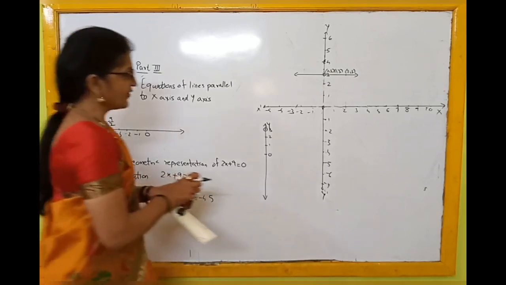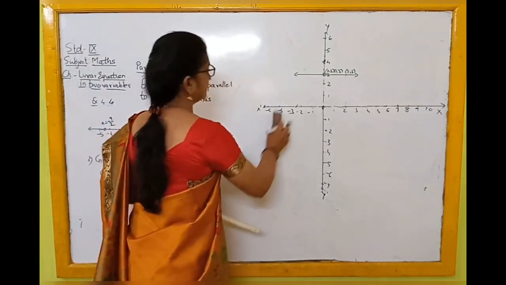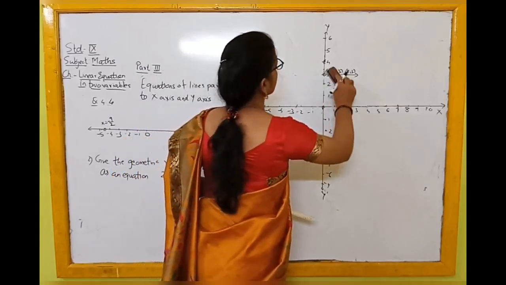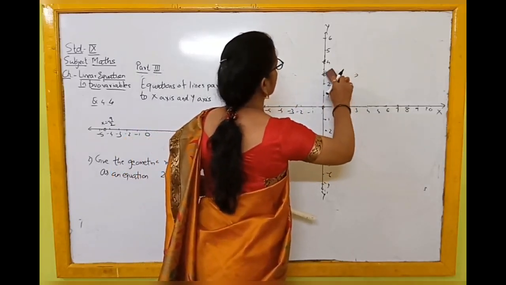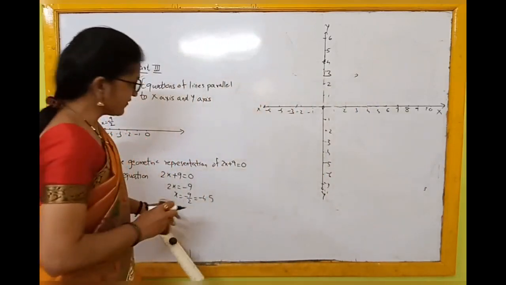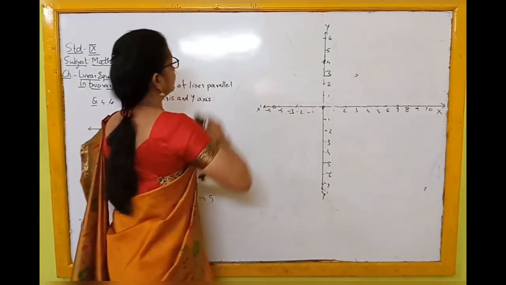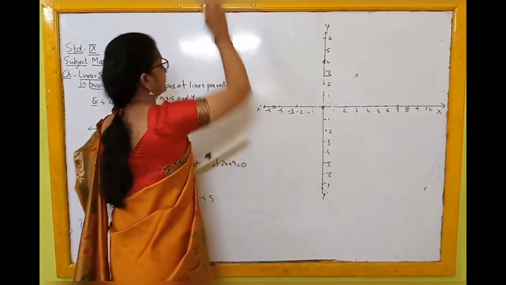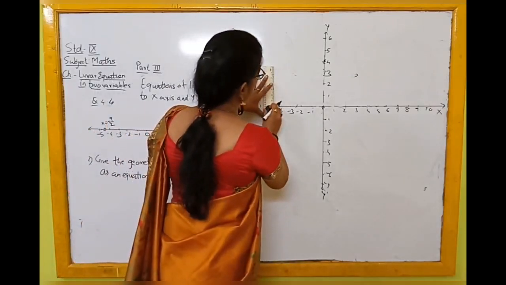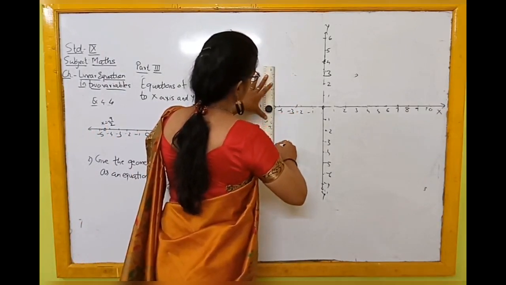Now, what will you do if you want to represent it in two variables? X is equal to minus 4.5, that is here. So this is the line parallel to y-axis.